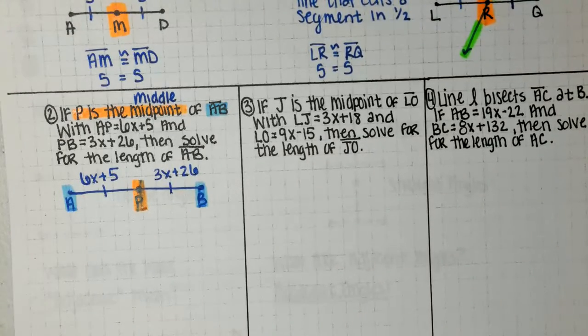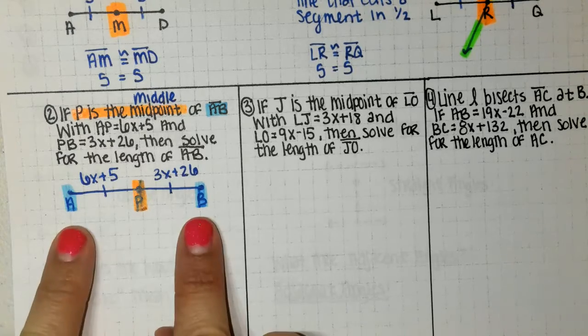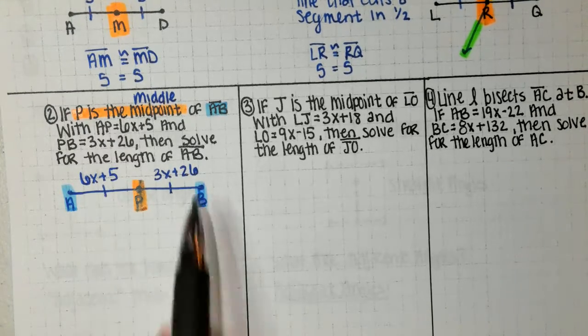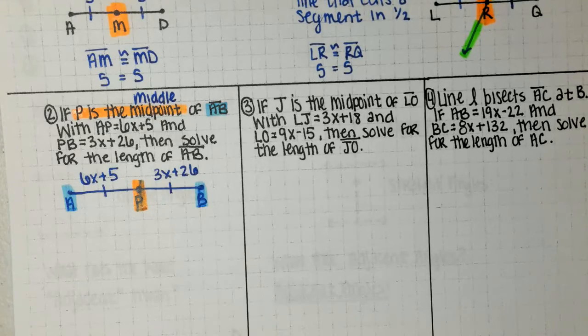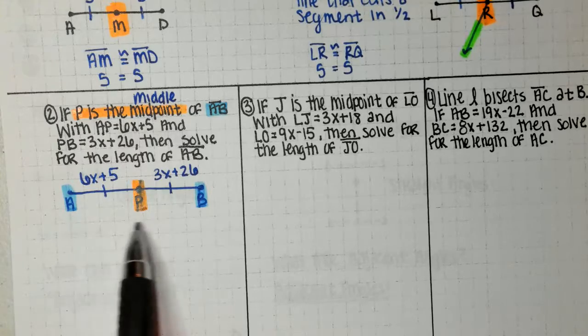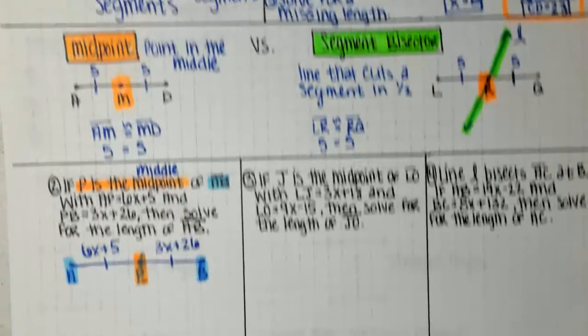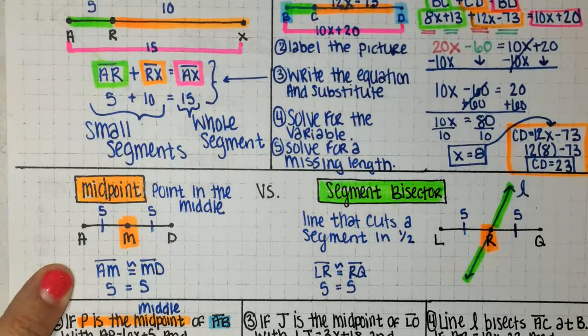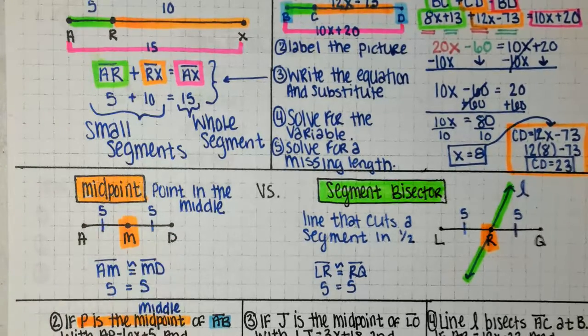Now, in this question, notice how it doesn't ask you to solve for the value of x, but in order to get the length of PB or AB, you still actually need to know the value of x because we can't really add those together because we don't know what they equal. So in a problem like this, notice how we don't have any information about AB. Okay, it doesn't look like the segment addition problem. It kind of looks like this problem where we only have the two little pieces.